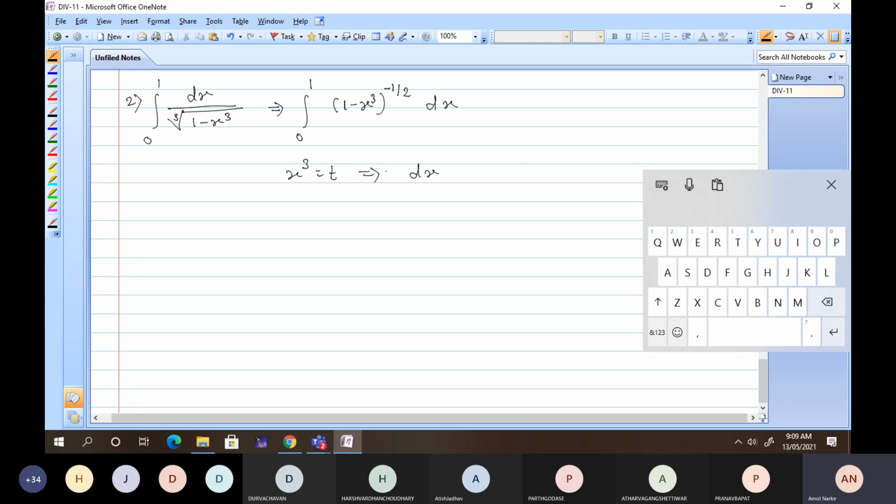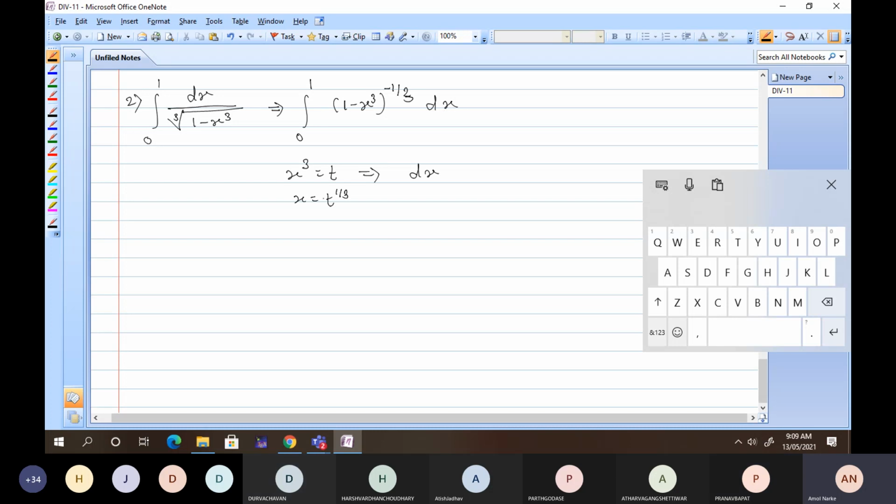Okay. So x cube is equal to t. Sir, 1 minus x cube whole raised to the power, minus 3 by... oh, minus 1 by 3. Yeah, 1 by 3. The cube root is there, no? Correct, it is 1 by 3. Is it okay now? Yes, sir.